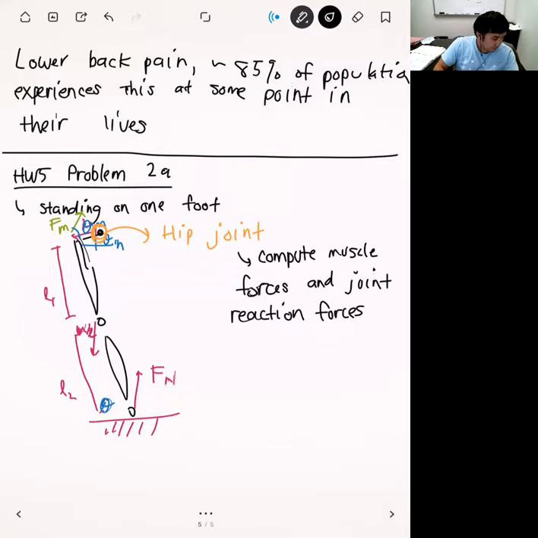Oh, it would help if we had actual numbers for this. So let's say L1 is equal to 40 centimeters, L2 is equal to 42 centimeters. We'll say theta is equal to 75 degrees, theta h is equal to 30 degrees.